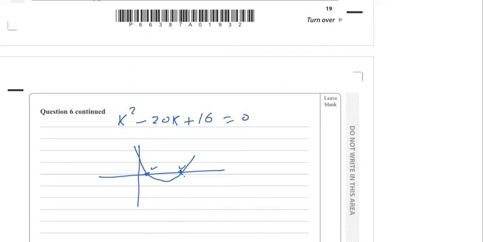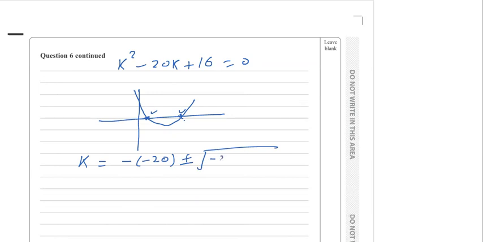So I put a equal to 1, b is equal to minus 20, and c is equal to 16. Using the quadratic formula, the value of k will be equal to minus b, which is minus of minus 20, plus minus square root of b square, b is minus 20 square, minus 4ac, over 2a.